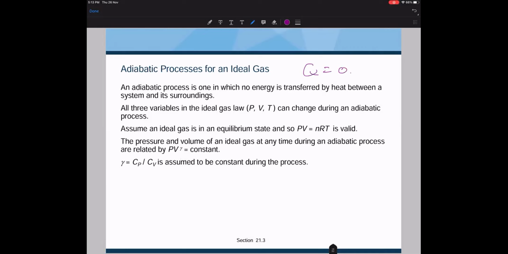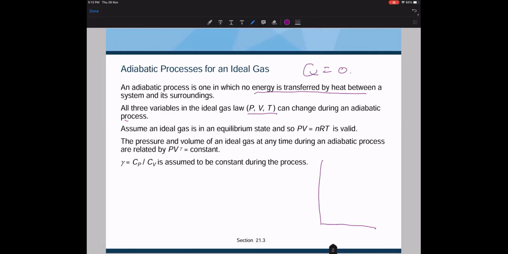When Q is equal to 0, basically there is no energy transfer as heat. And all the parameters could change.